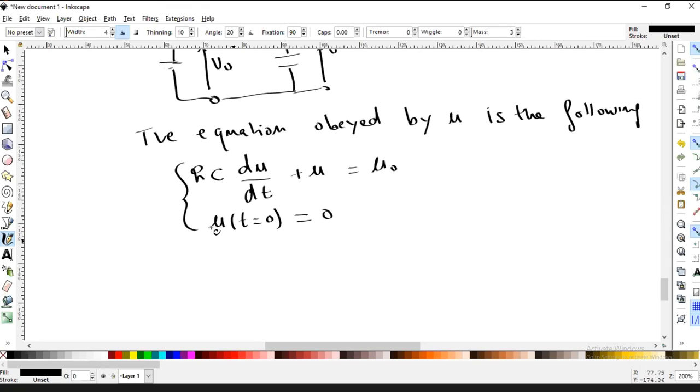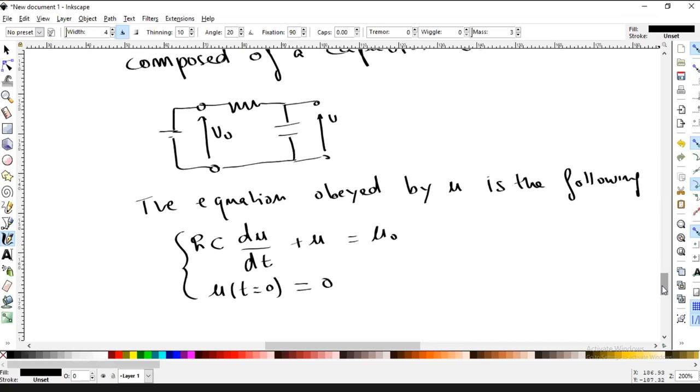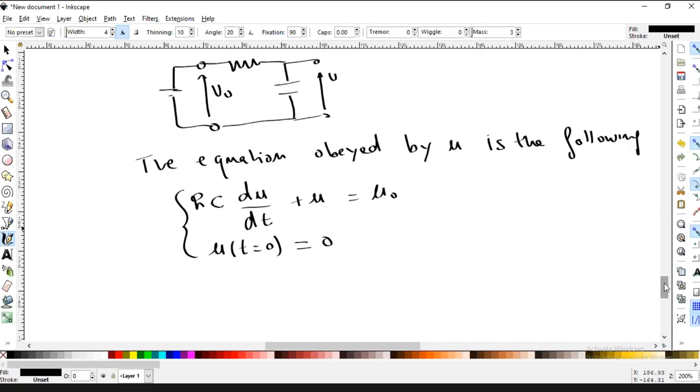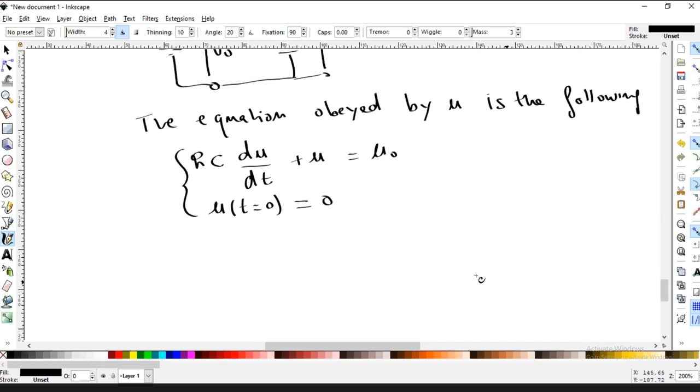And at time equals 0, when you switch on the switch, U is 0. So this is the differential equation that is obeyed.